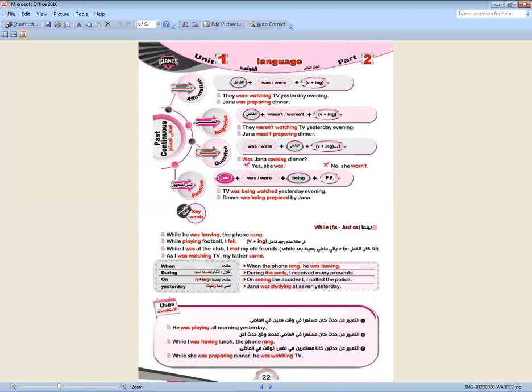Let's remember that was takes I, he, she, it, and any singular noun, and were comes with we, you, they, and any plural noun. They were watching TV yesterday evening. Jana was preparing dinner. In order to put the sentence in the negative, we will use wasn't and weren't plus the verb plus ing.